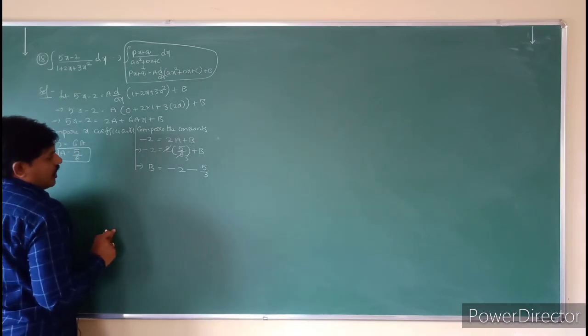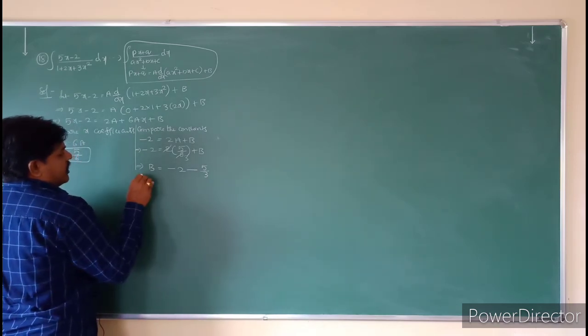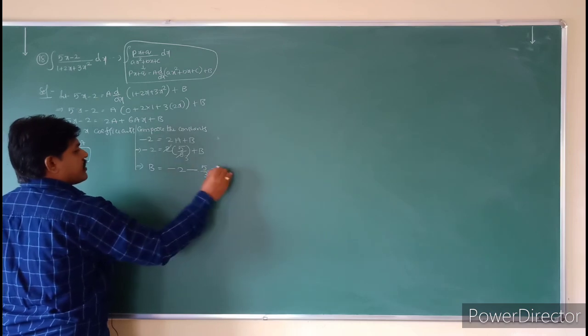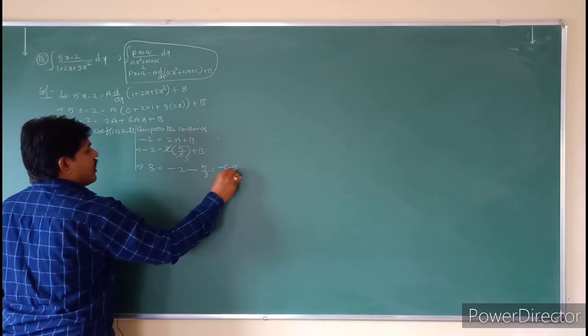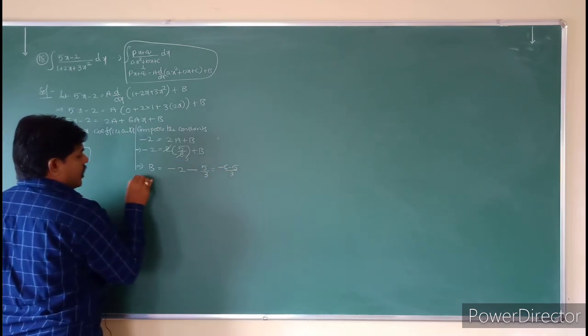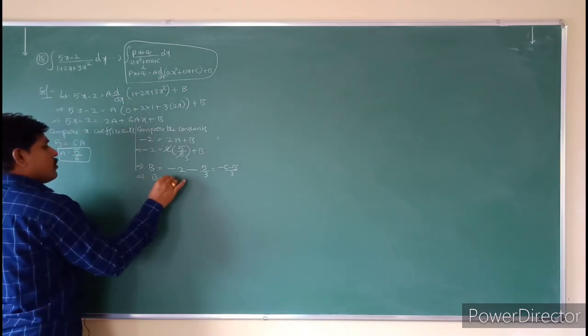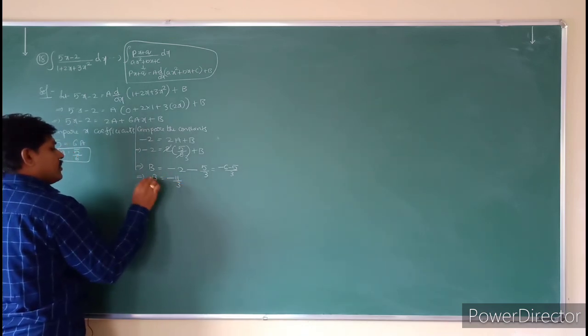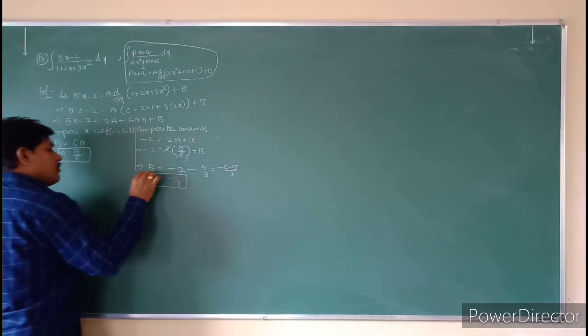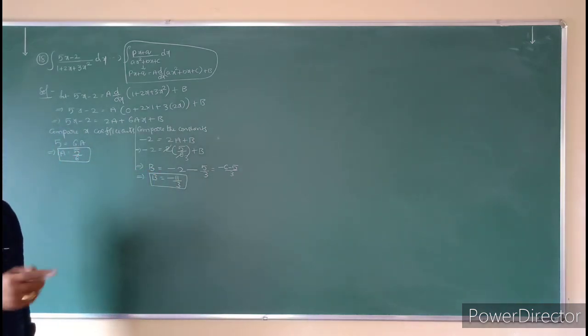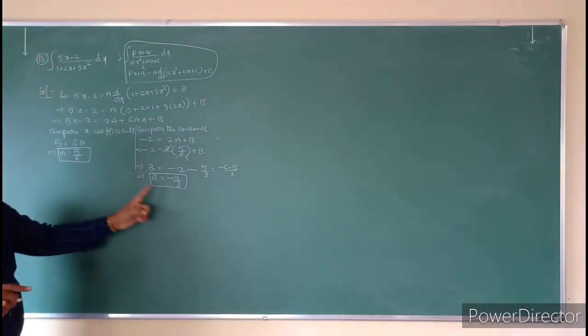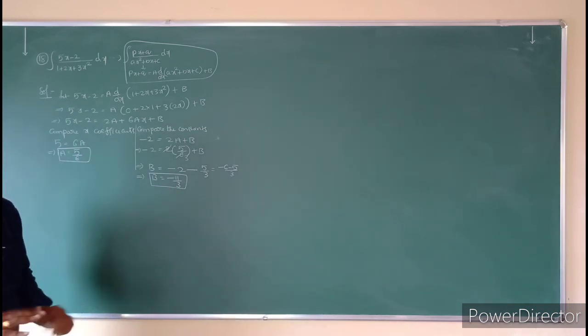So b is equal to minus 6 minus 5 by 3, which implies b is equal to minus 11 by 3. So the a value is 5 by 6 and the b value is minus 11 by 3.